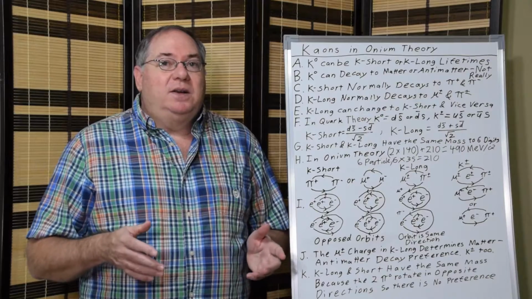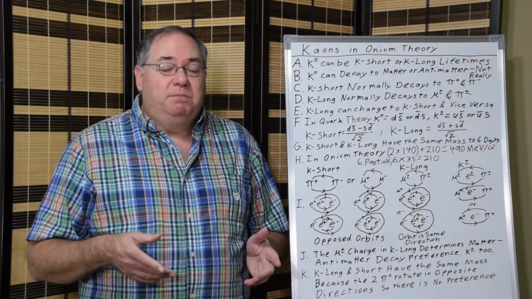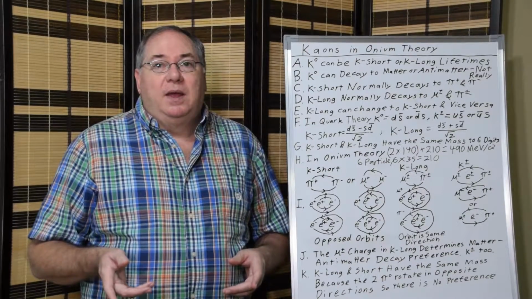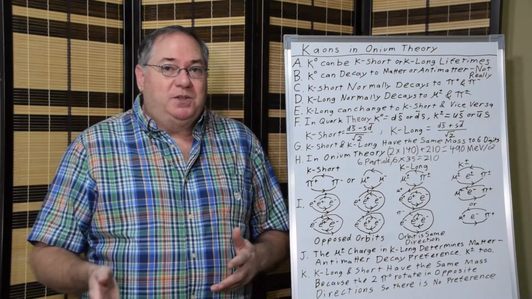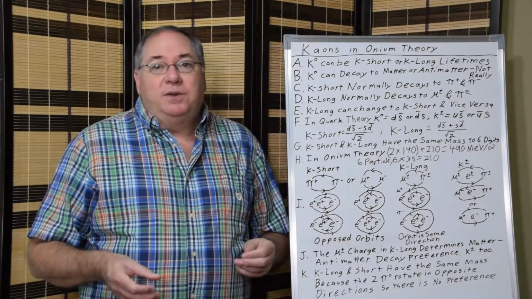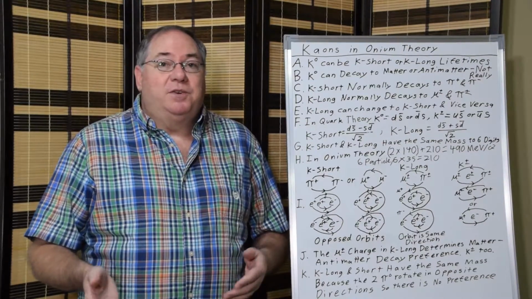And while the K longs have a muon-pion combination, the K shorts most commonly decay to two oppositely charged pions, which also tells us the most likely composition of the K shorts. And so then the challenge is figuring out why they have a shorter lifetime.